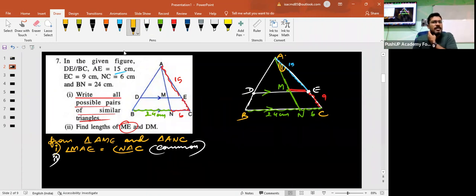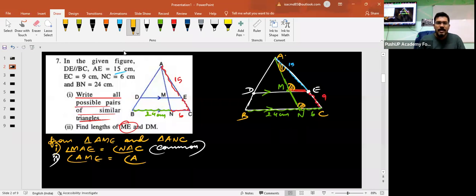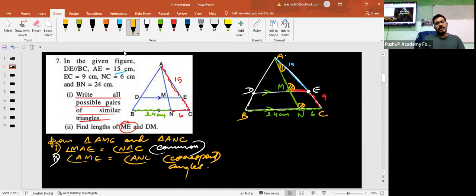Now, second statement is what? We know these two angles, angle M and angle N are equal because they are corresponding angles, right? So I'll write here, angle AME is equal to angle ANC. And what's the reason behind it? They are corresponding angles. Write the full name.